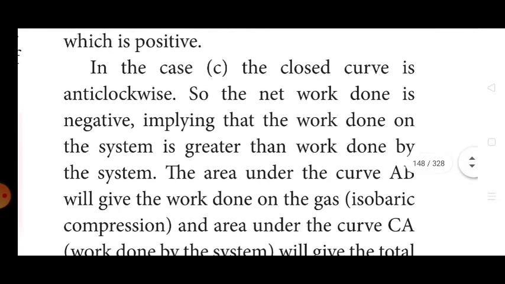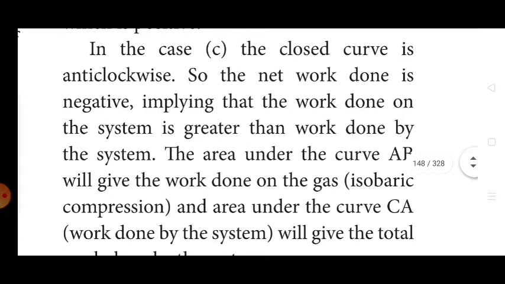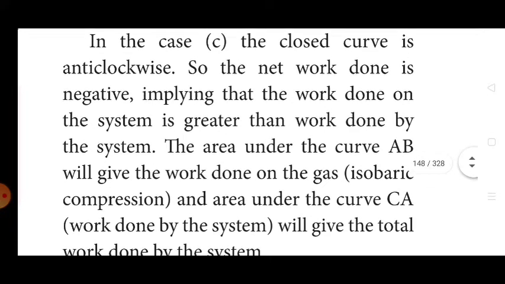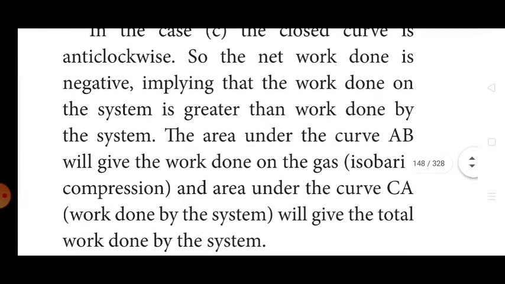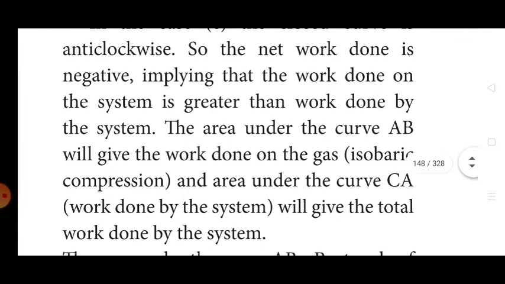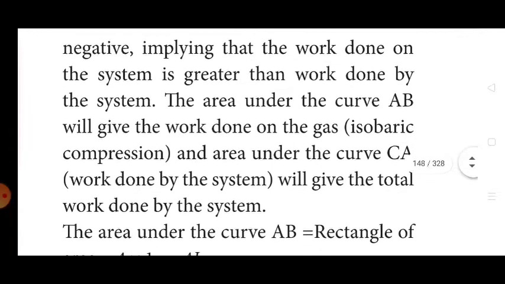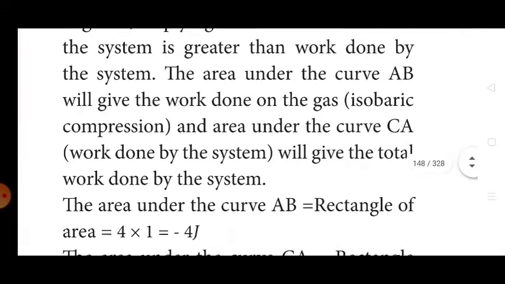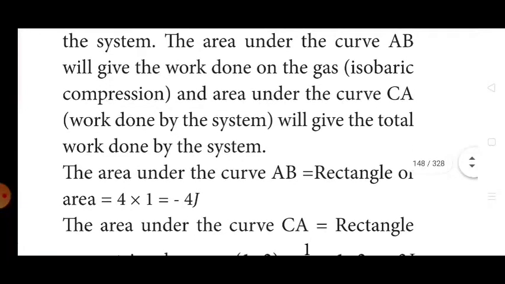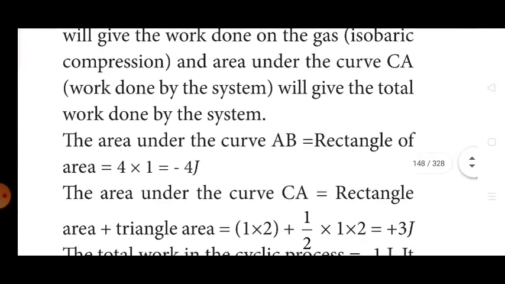In case C, the closed curve is anticlockwise, so the net work done is negative, implying that the work done on the system is greater than the work done by the system. The area under the curve AB will give the work done on the gas, isobaric compression, and the area under the curve CA gives the work done by the system.